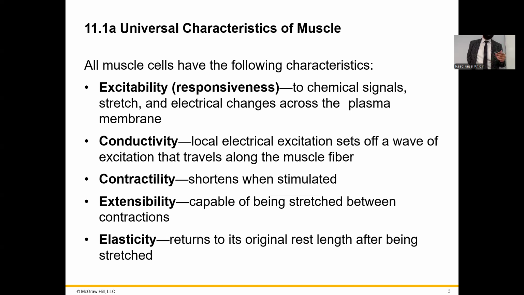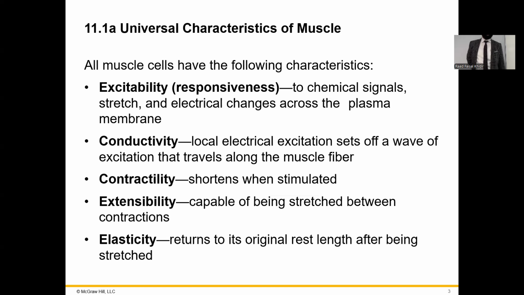So that shows you conductivity is the ability of all the muscle tissue, whether smooth, cardiac, or skeletal, to propagate and pass electrical stimuli down from the tissue to the nearby tissue. That is known as conductivity.